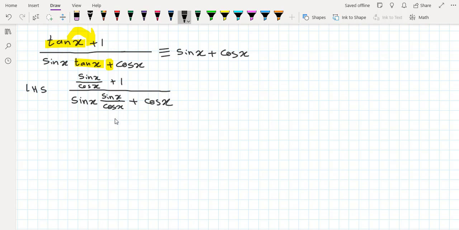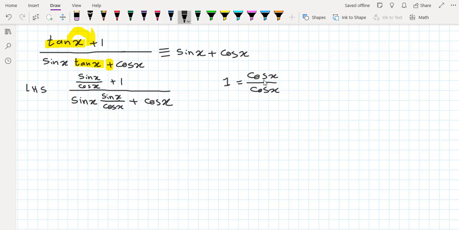Okay, since we have a fraction here and another fraction here, let's find common denominators. Instead of 1, I'm going to write cosine over cosine, because when we have the same term in a fraction, it is equal to 1.